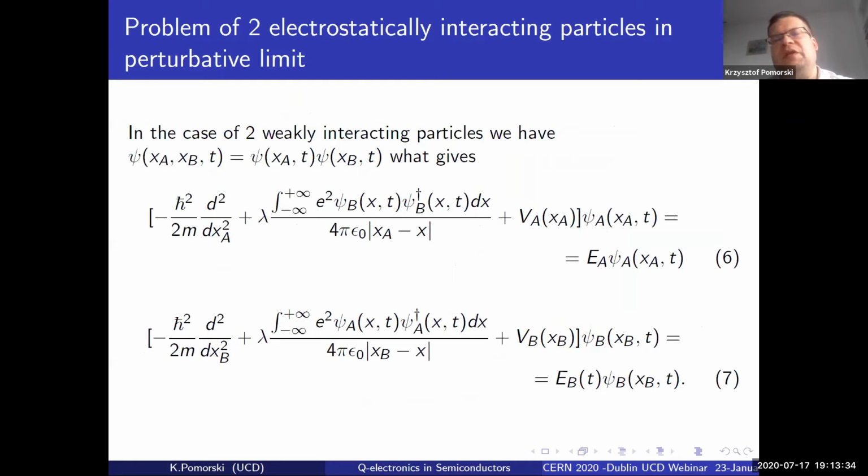Okay, so there is a possibility of now how we can take into account this two-electron system. Basically, one of the approaches for two interacting particles is by using such a type of ansatz, and then by integrating with respect to one variable, x_b or x_a, we get a set of two coupled integro-differential equations.